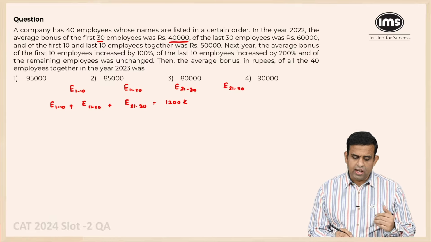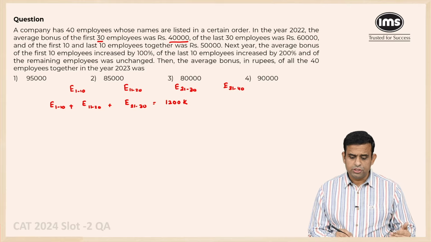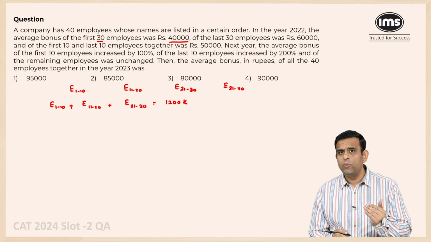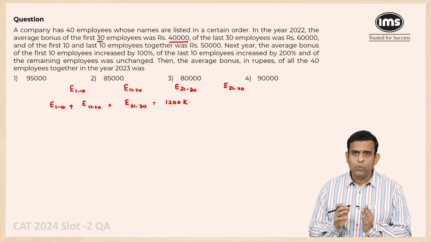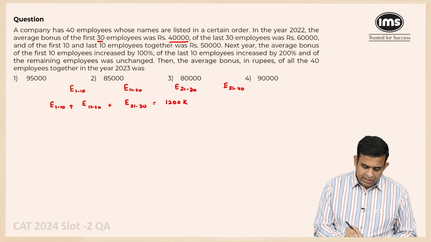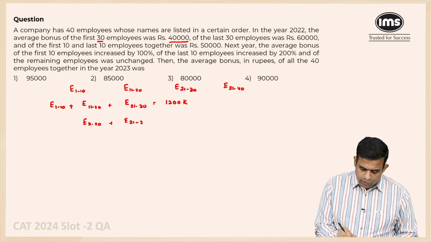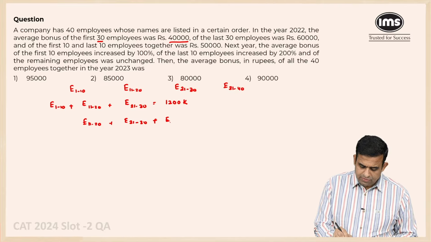Then they are saying for the last 30 employees, the average bonus was 60,000. So 60k into 30 will give me 1800k. What do I mean by last 30? I can say E11 to 20, E21 to 30, and E31 to 40.